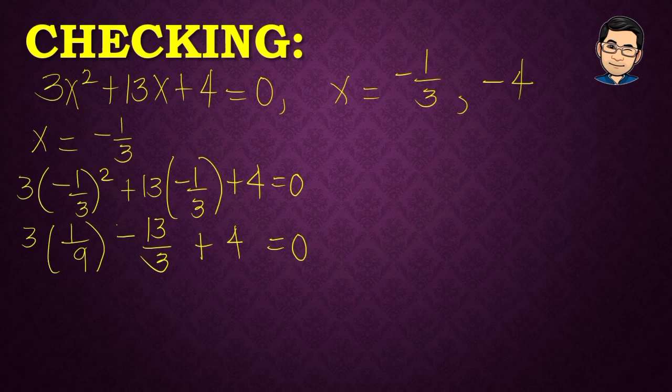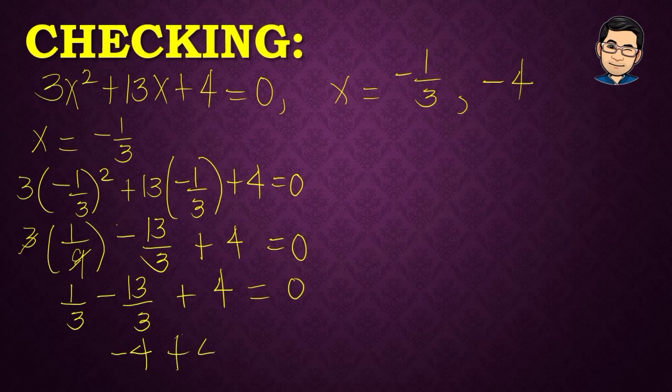And then we can cancel out 3 and 9 kasi may common factor sila, which is 3. So, 1/3 na lang ito. Minus 13 over 3 plus 4. So, 1 minus 13, since similar fraction tong 1/3 and negative 13 over 3, that is negative 12 over 3, that is negative 4, plus 4 equals 0. Negative 4 plus 4, that is 0. So, this is correct, negative 1/3.